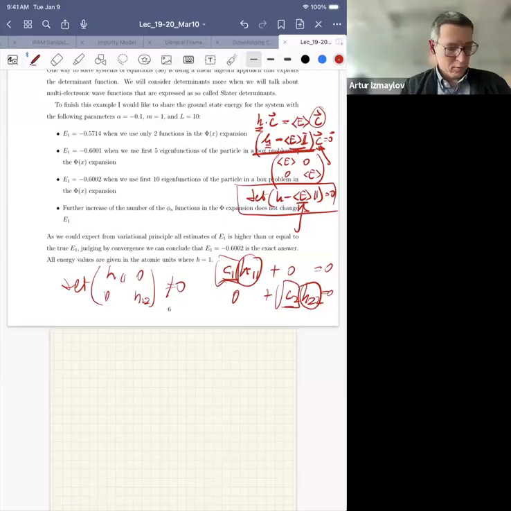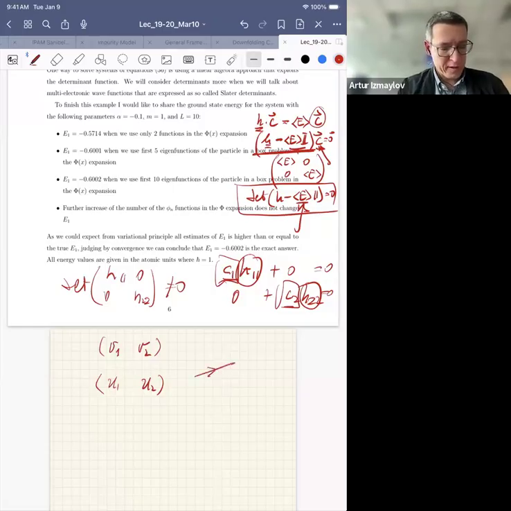Right. So essentially, if you have two vectors, v1, v2 and u1, u2, how do you use the determinant to see if they are like this? So this is the v and this is u.